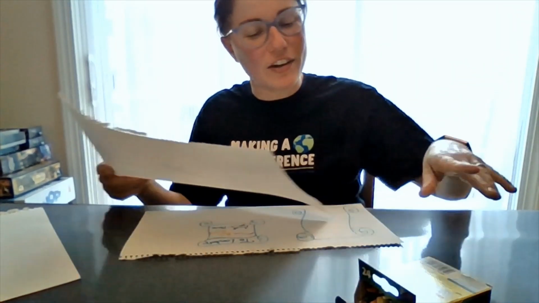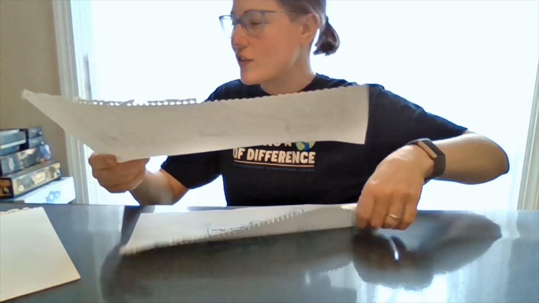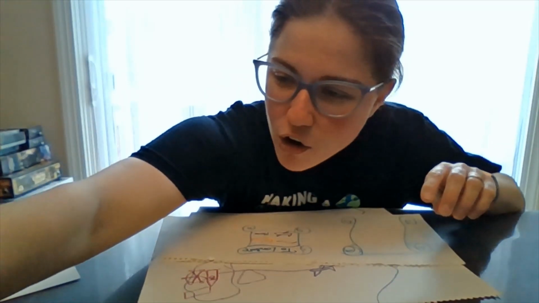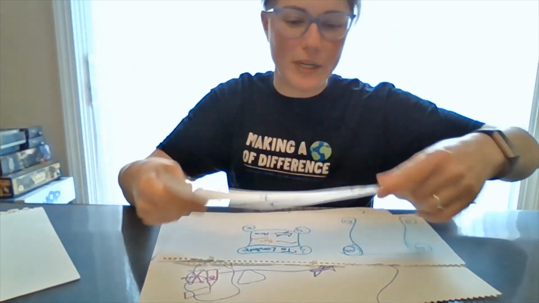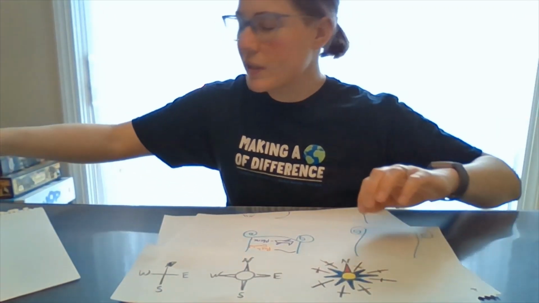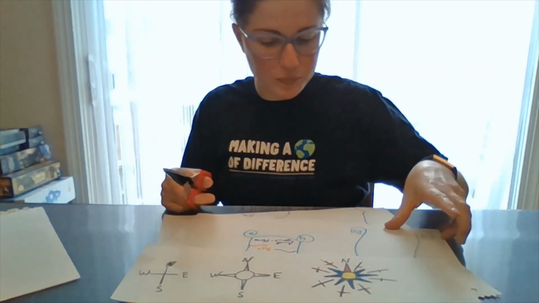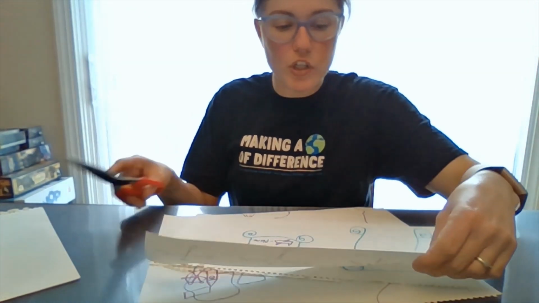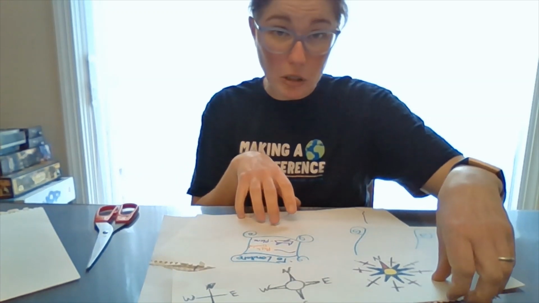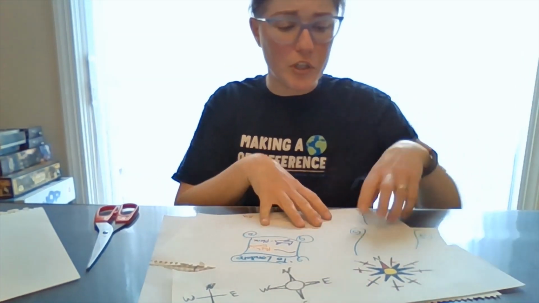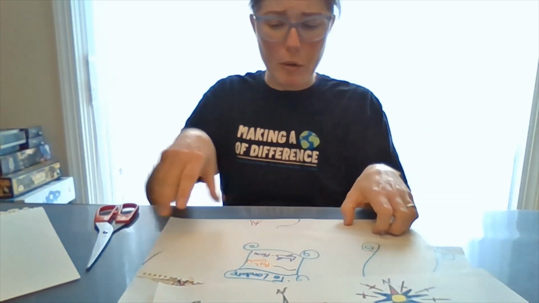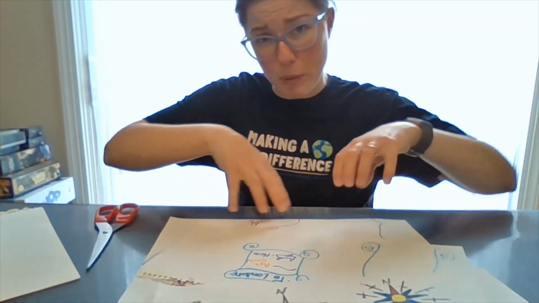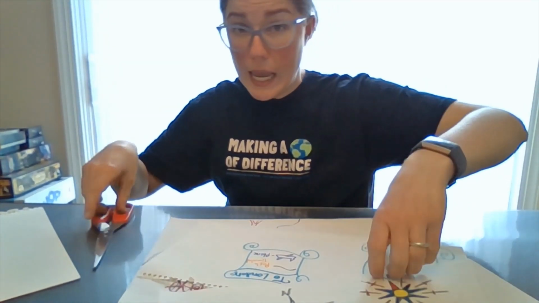Putting it all together involves having all of your papers together, and mine are all over my table because I spread out to work, a pair of scissors, and some glue to stick it together. If you want to do all of this on the same paper, you can kind of build as you go. So maybe you draw your compass rose and your legend at the bottom of your paper and then your map around that, and that's okay.